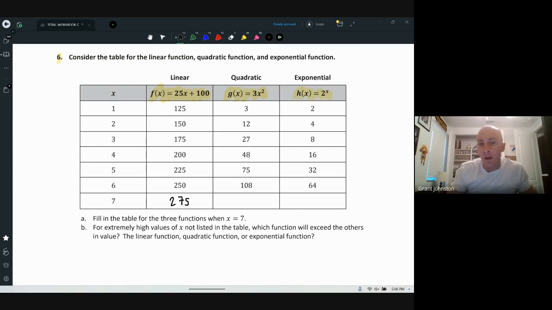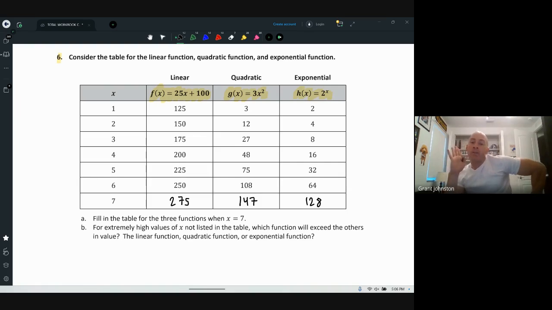And I'll just plug in 7 for the quadratic one. So 7 squared is 49 times 3 is 147. And then I'll plug in 7 for the exponential. 2 to the 7th is 128. So just needed to fill out the table there.